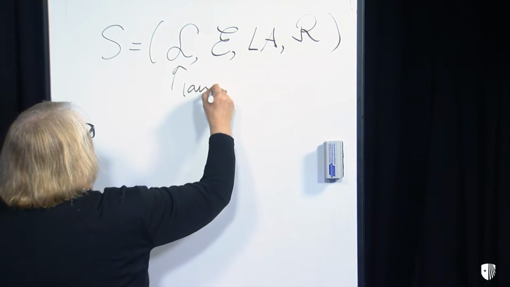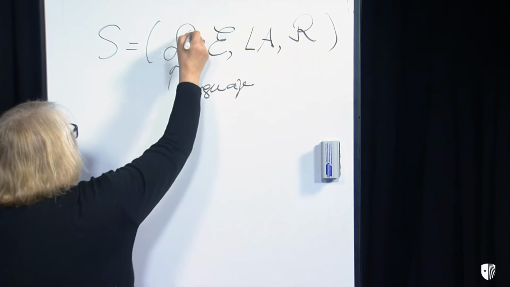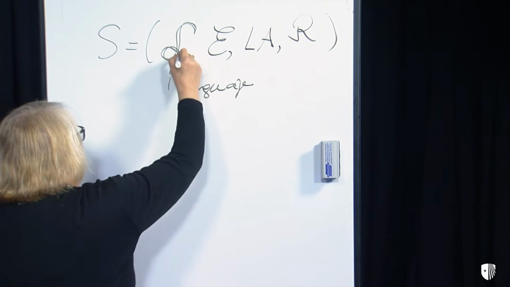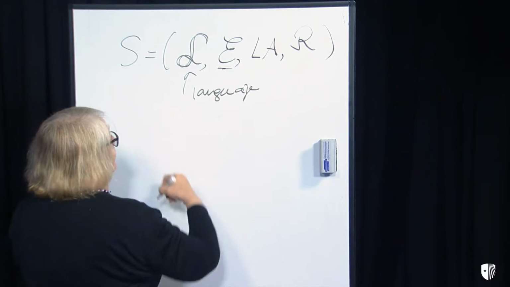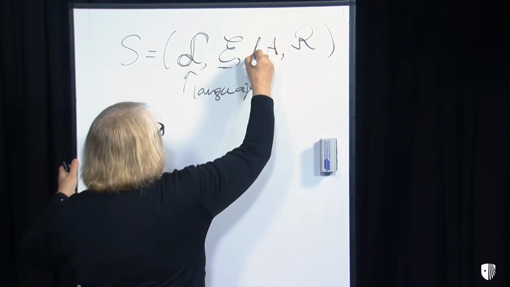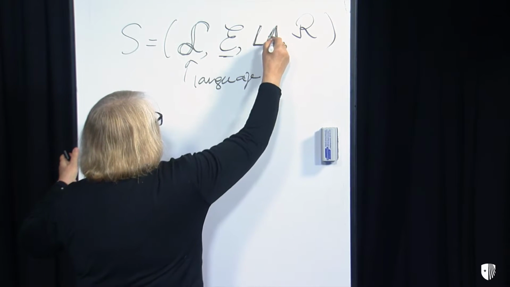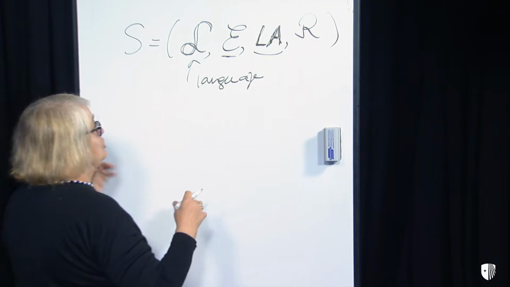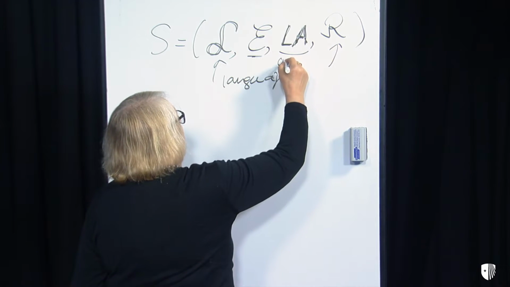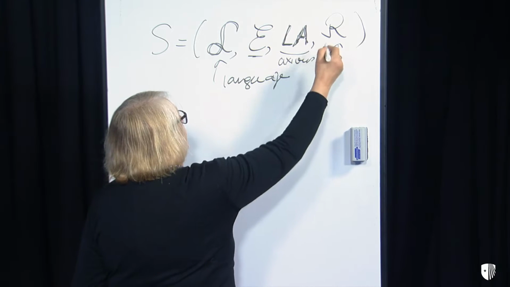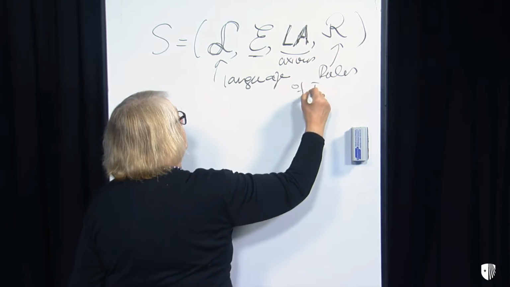Language, very important. Everything always happens within a given language. These are expressions of the language. These are axioms, but they are called logical axioms because we want them to be tautologies when we talk about semantics. And then there are the rules of inference.